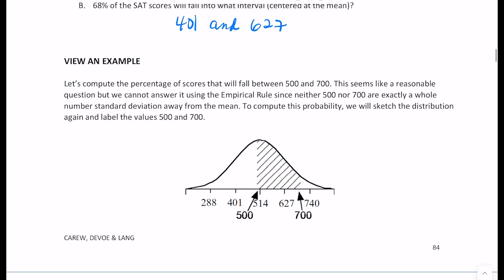Okay, so what I'm looking for basically is something like this. So think of the 500 as right here where this red flag is, and the 700 is right here where this red flag is. And I need to find the probability or percentage of the area between those two flags.